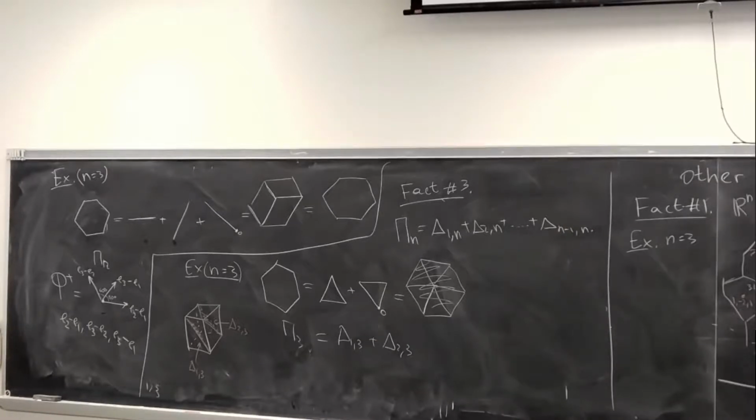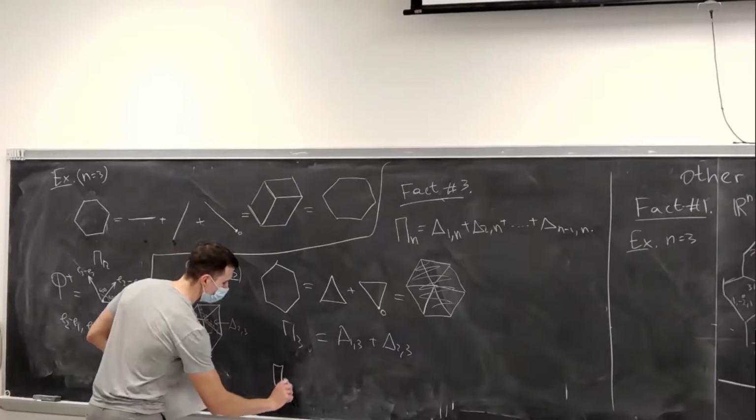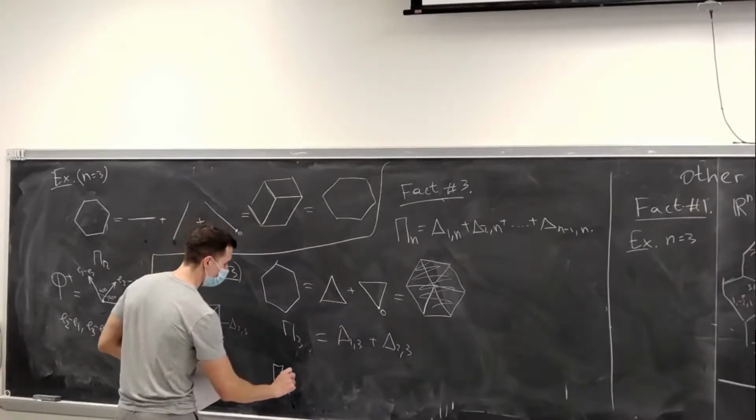And in particular, this permutohedron here is the sum of which polytopes? Oh, okay, that's true, right?